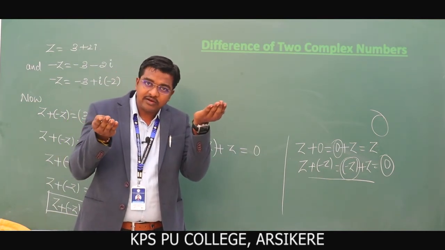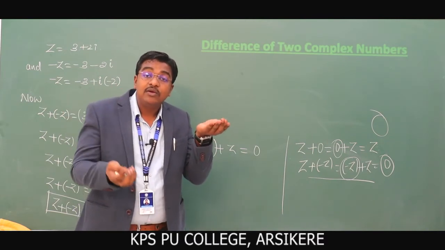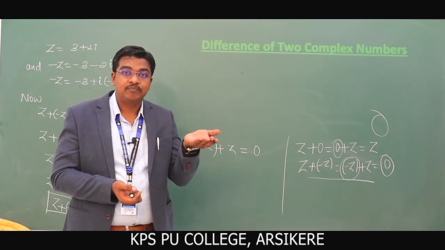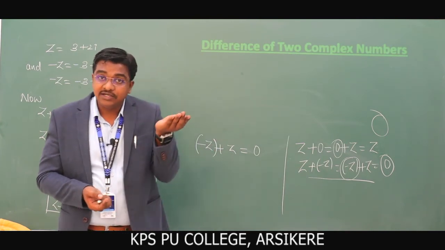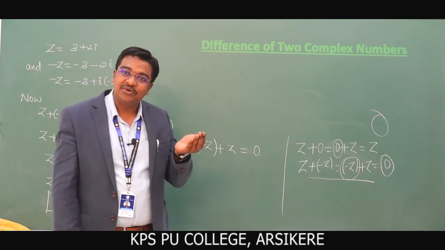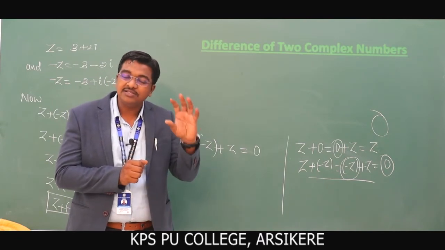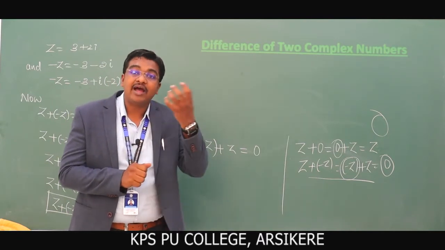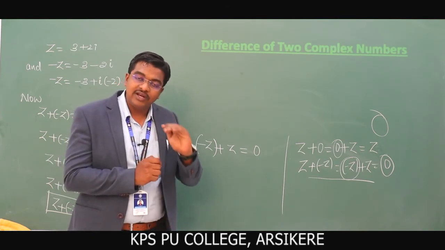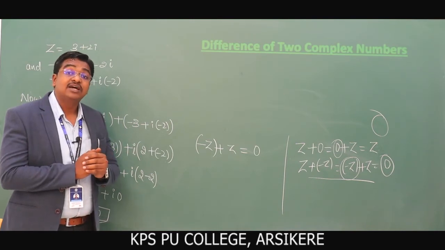If I add -z to this number, the resultant is the additive identity, that is 0. z + (-z) = 0, and at the same time -z + z = 0. So just observe the properties. Here the important thing is addition of two complex numbers, and which property they follow is very important. Next we are moving to the difference of two complex numbers.